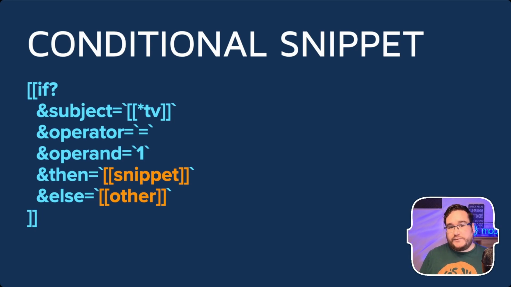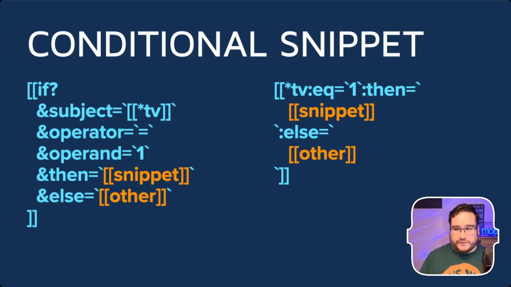The same is true if instead of the if snippet you use conditional output filters. These two tags have the exact same effect, they do the exact same thing. It's just a preference if you want to use the if snippet or these conditional output filters. What we can do to fix this problem of the inner tags getting processed first is moving the brackets outside of the condition.